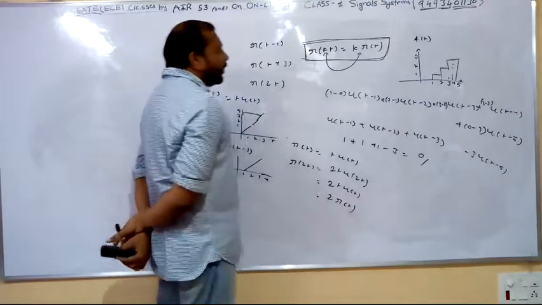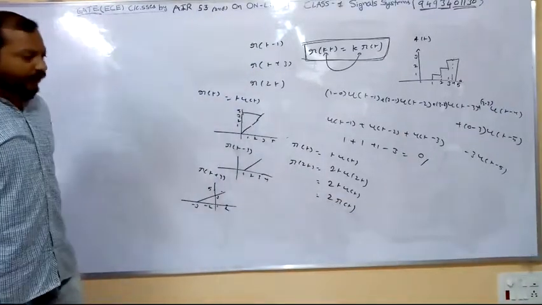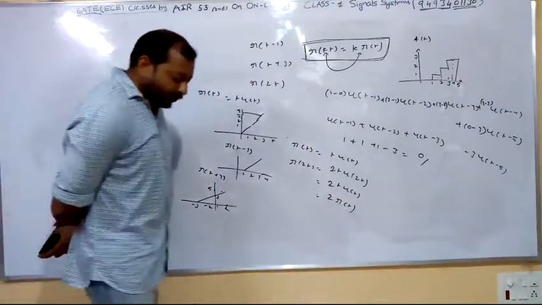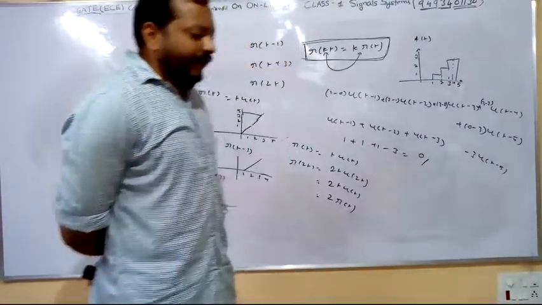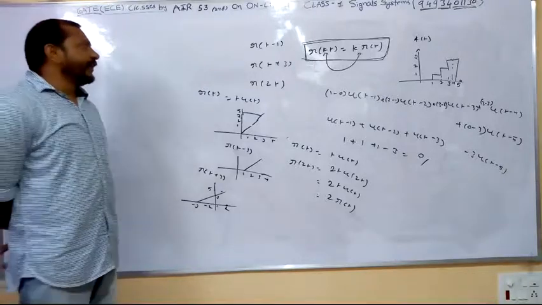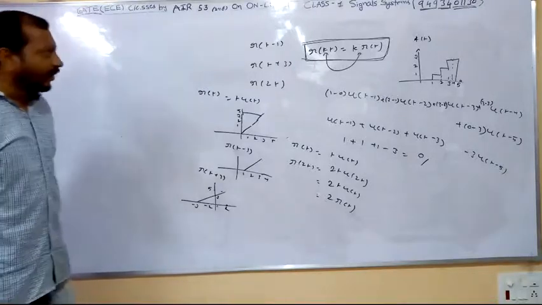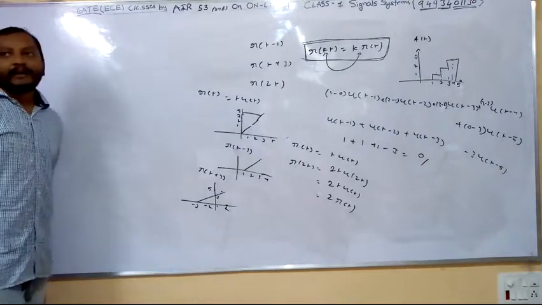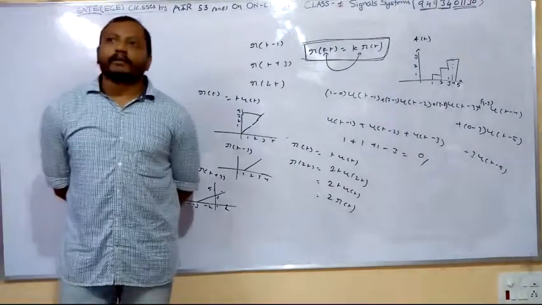In general, till now we learned that scaling may not affect the amplitude of the signal. But the scaling r of kt affects the amplitude of the signal, because here the amplitude depends on the t value, on the time instant of the signal.